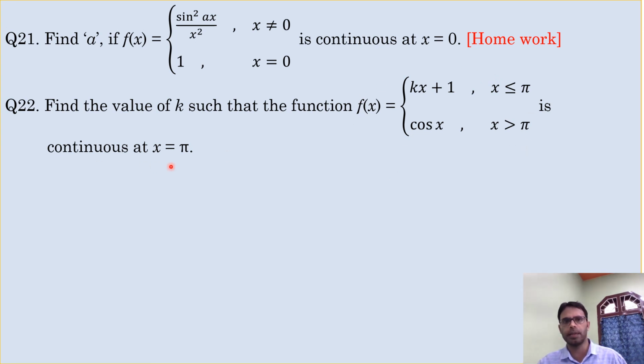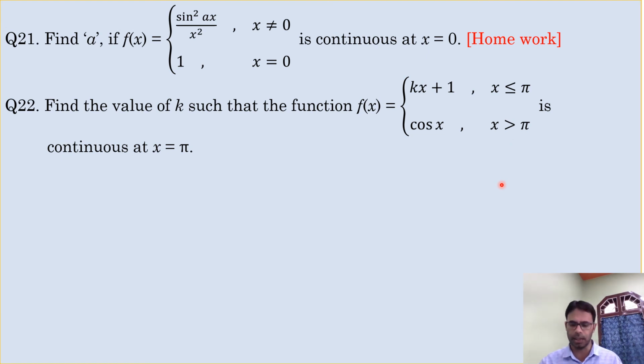Here the concept is same. Since the function is continuous at x equal to pi, and the pi point is the point of separation, because for less than pi the function is kx plus 1, for greater than pi the function f(x) is cos x. Therefore limit x tends to pi minus f(x) will be equal to limit x tends to pi plus f(x).